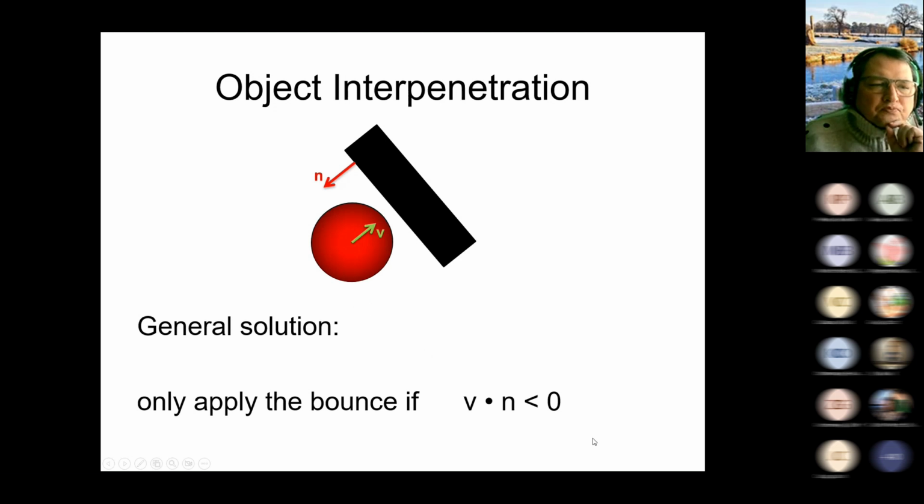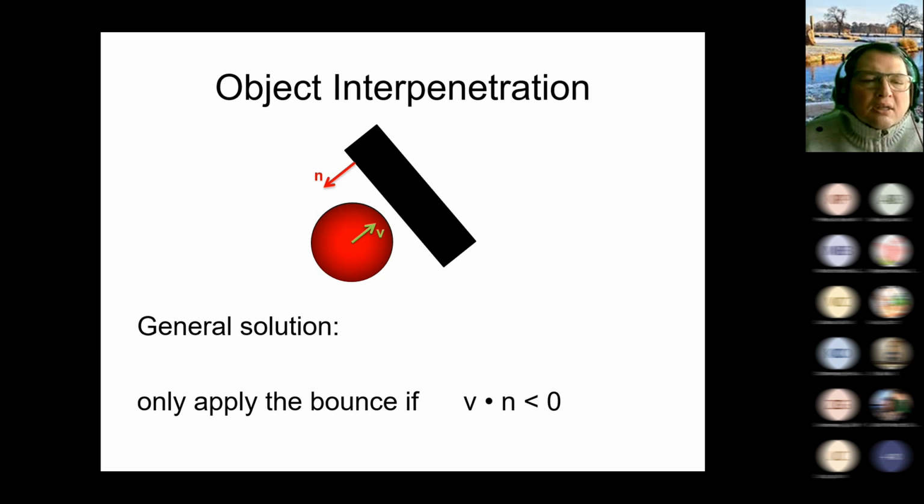What we can do, this is a general solution. A ball is flying happily towards an obstacle. Here is the normal vector of this obstacle. And for the ball to happily bounce off, these two vectors have to point in two opposite directions. Opposite directions can be detected by dot product. If v dot n, velocity dot normal, is less than 0, we can apply bouncing without any danger of doing anything wrong.